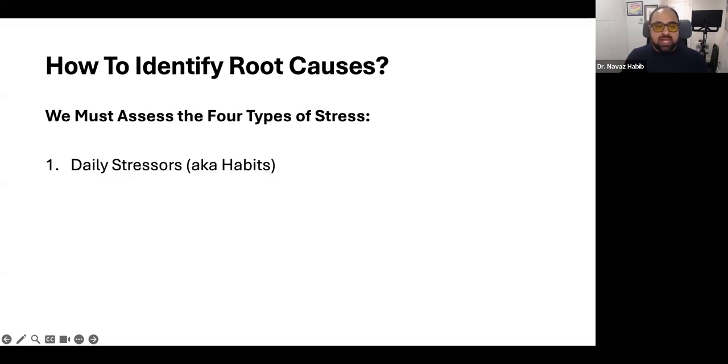Number 1 are daily stressors. These are our daily habits, challenges that cause us to go into kind of chipping away at us. These are the, eating a little bit later at night or sitting all day at work, the daily stressors that cause us to not be able to optimize our health and actually end up being major stressors. Even things like how we get our kids out of the house.